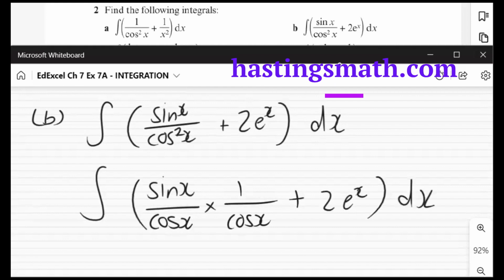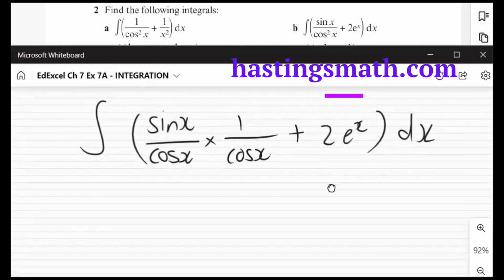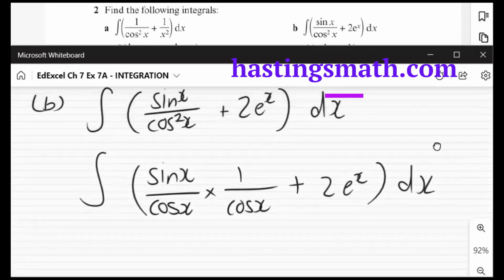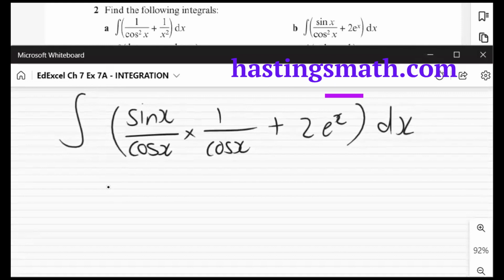Let's see if we can change this again. Sine x over cos x we know is just tan x. So that solves that. And 1 over cos x is actually just sec x. And here we have one of our options.